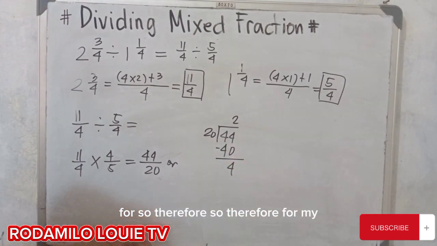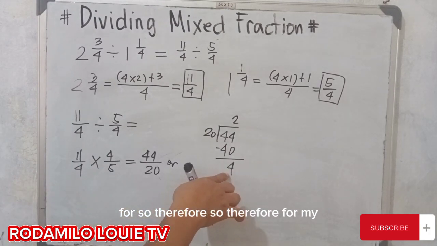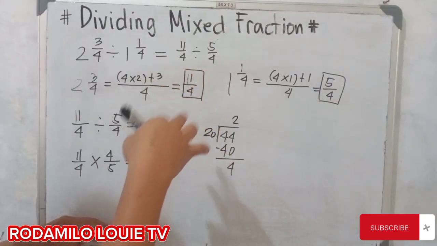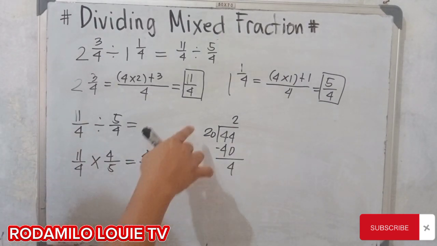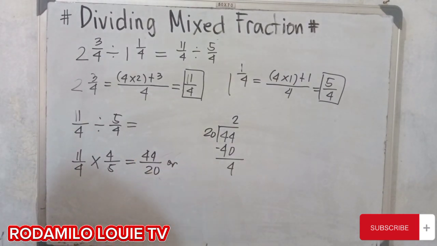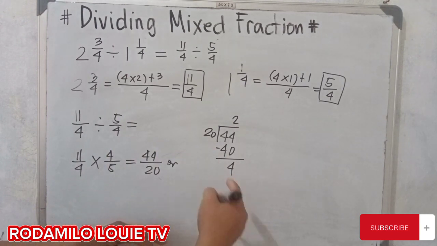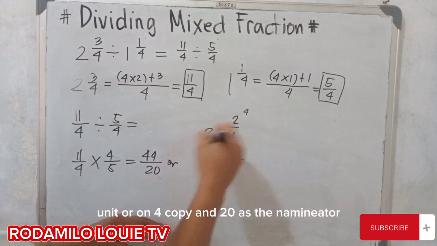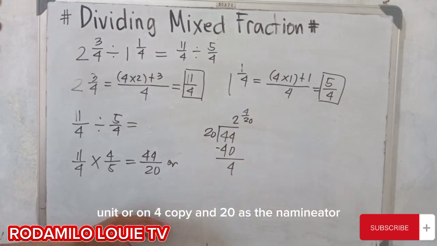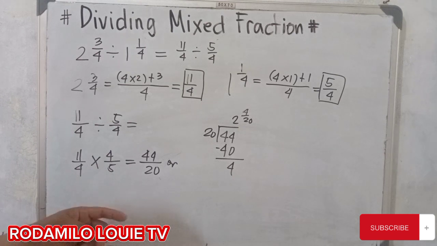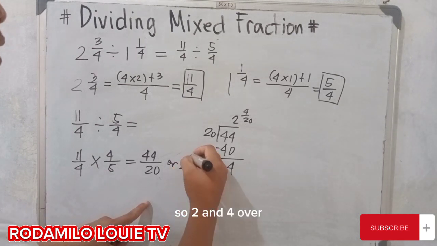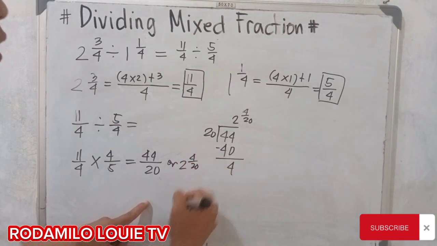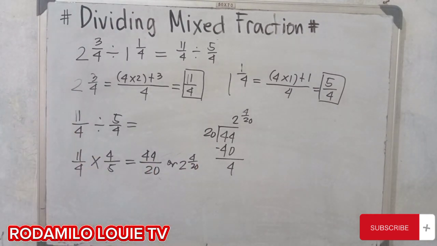The remainder 4 becomes the numerator and 20 the denominator, since 4 cannot be divided by 20. So 2 and 4 over 20. We can still reduce 4 over 20 to lowest terms, since 20 can be divided by 4.